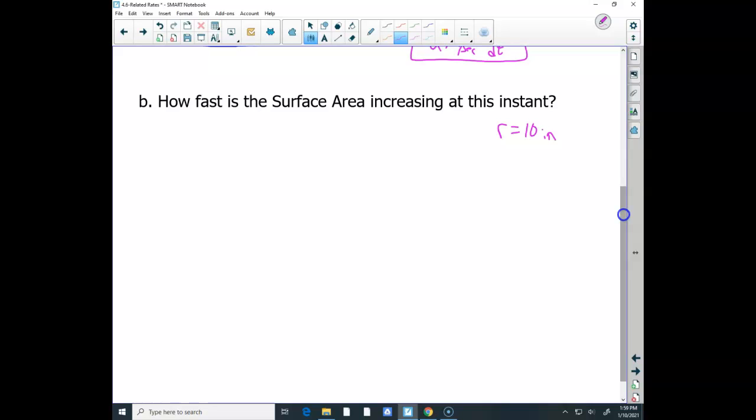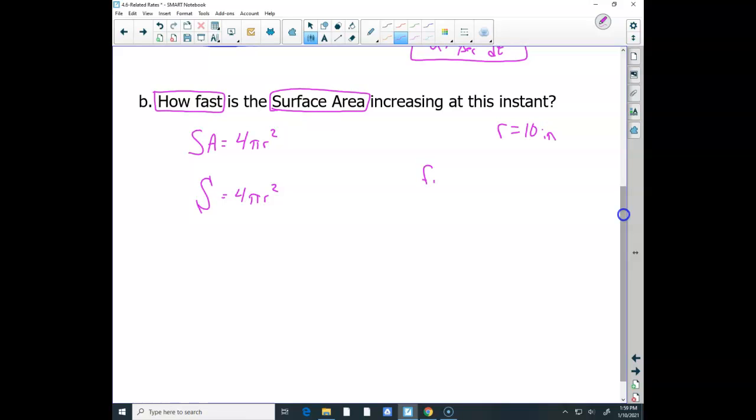Well, surface area equals 4 pi r squared. Differentials typically have 2 letters, so you might want to make a fancy little S. Equals 4 pi r squared. Really doesn't matter. And this is what they want: how fast is surface area increasing?